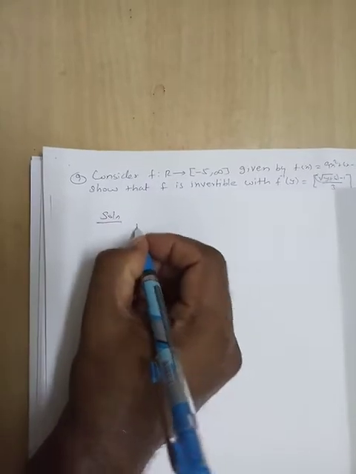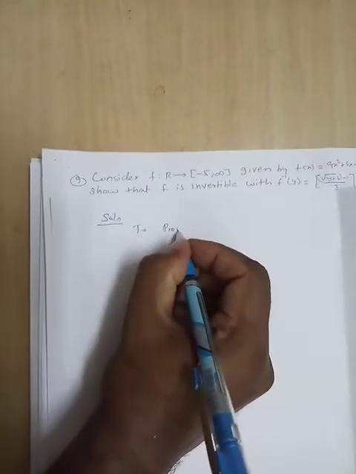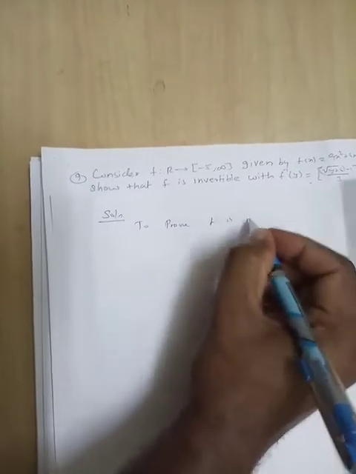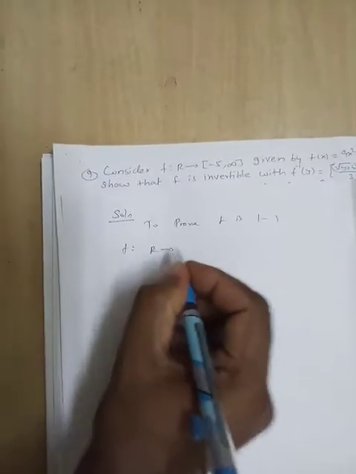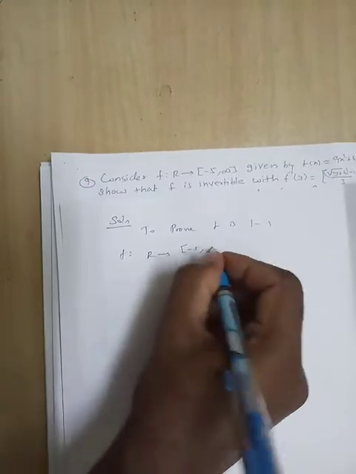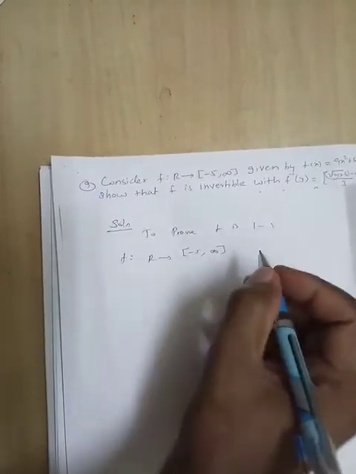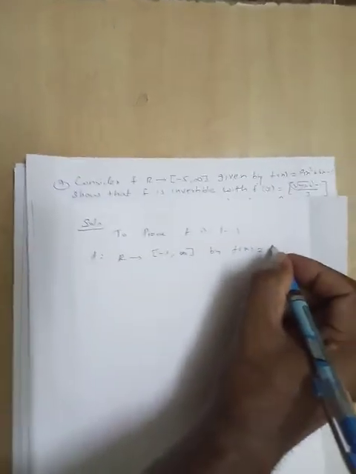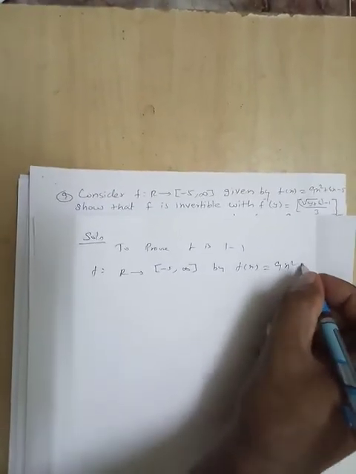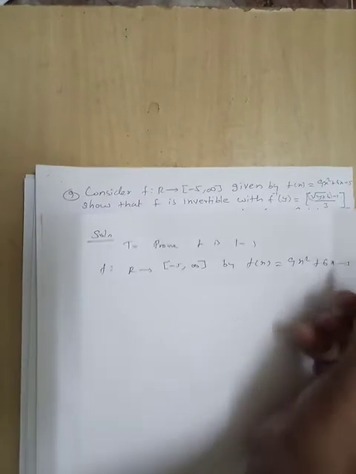First, to prove f is 1 to 1, here f from R to [minus 5, infinity) by f of x is equal to 9x square plus 6x minus 5.